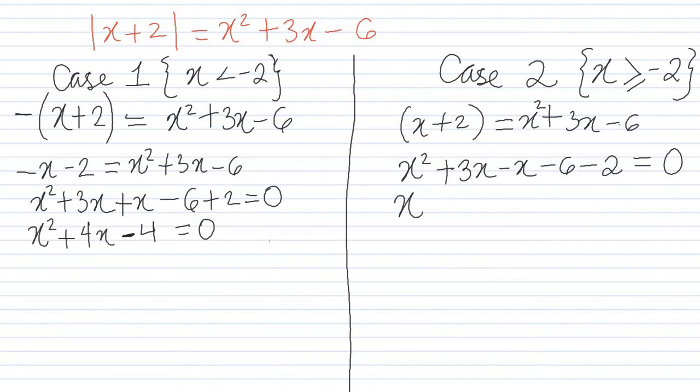So that would be x squared plus 2x minus 8 equals 0. So this is basically two different situations that could happen. So I'm going to rewrite these two equations on the next page, so we can go on to solve it further.